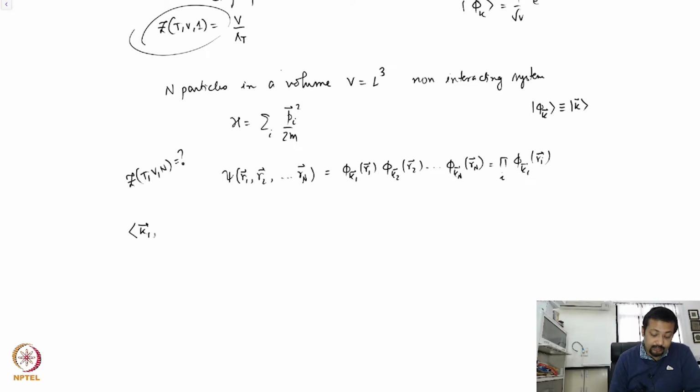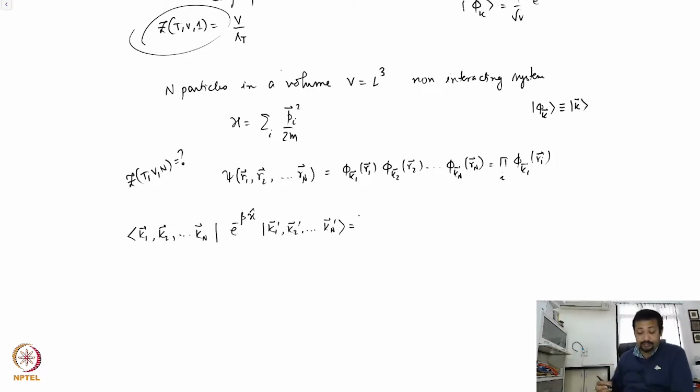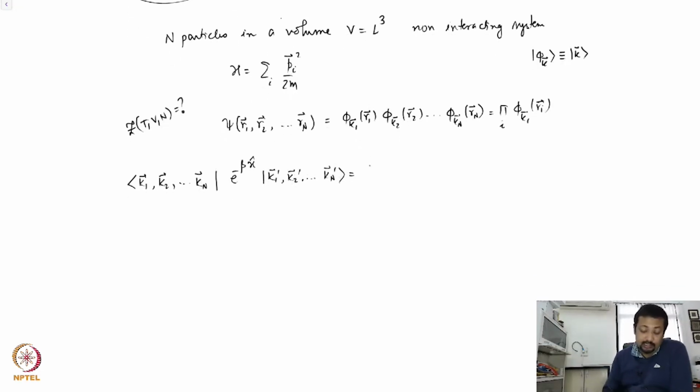The density matrix, if I want to calculate this, k1, k2, ..., kn, e to the power minus beta H, k1 prime, k2 prime, ..., kn prime, is very easy to do.